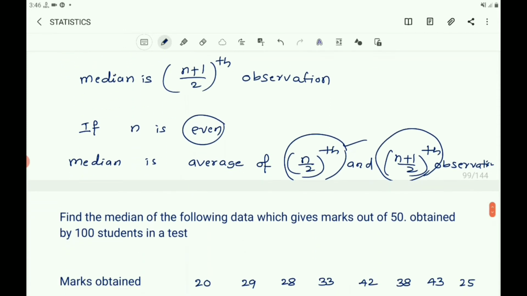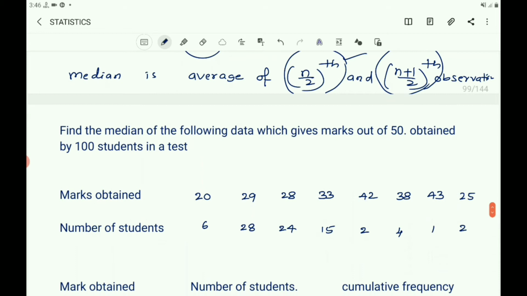So now let us take one example here. Find the median of the following data which gives the marks out of 50 obtained by 100 students in a test. Here n is what? n equals 100.